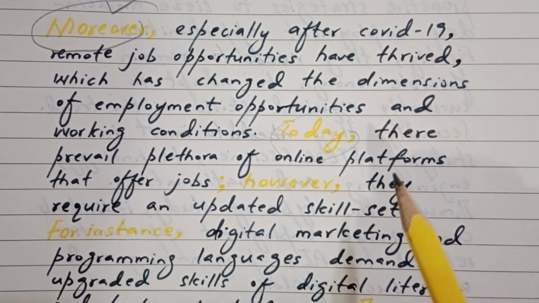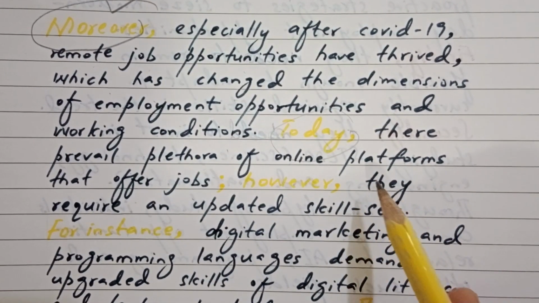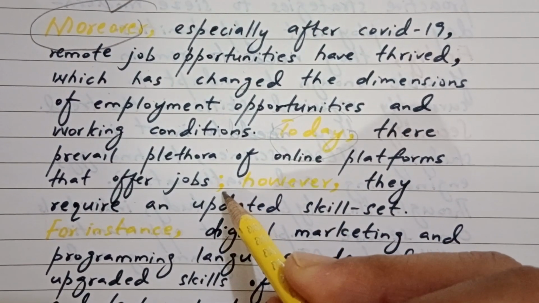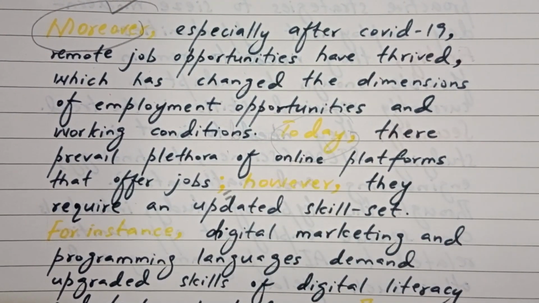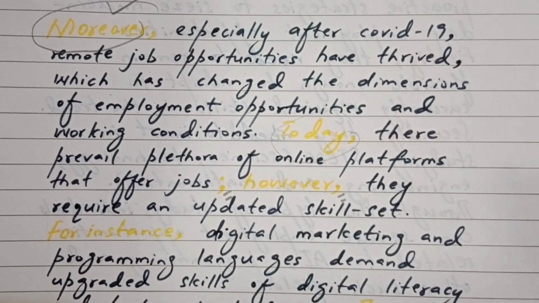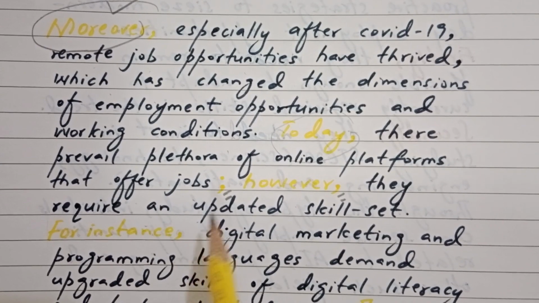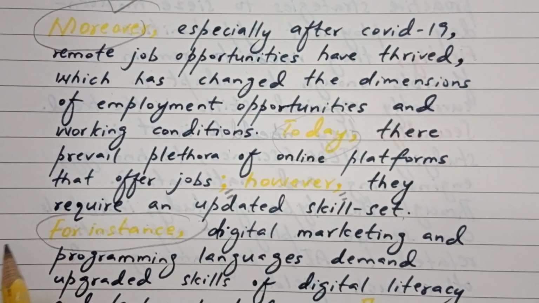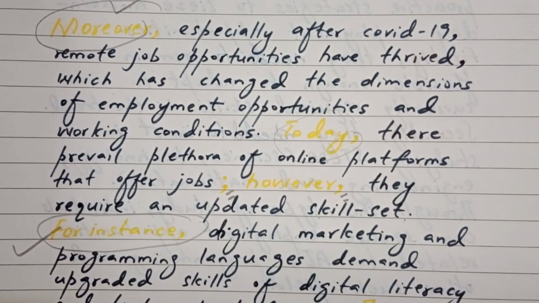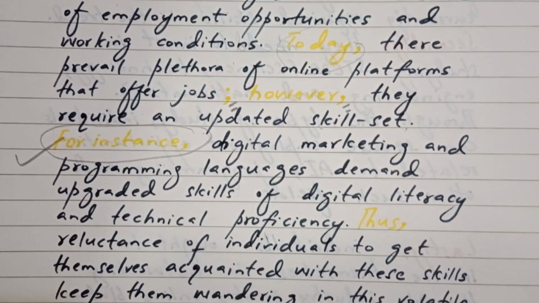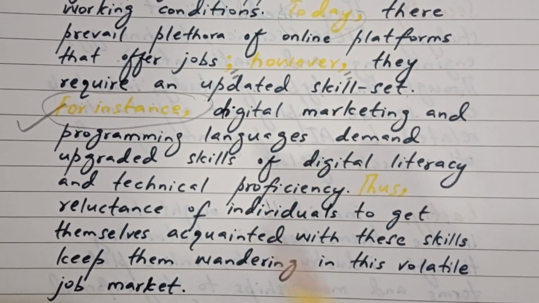However, see, the format of writing however in a sentence is, first you use the semicolon and then you use a comma after however: they require an updated skill set. For instance, this is an ideal example of how to quote an example in the paragraph, so you can also take an idea from here.